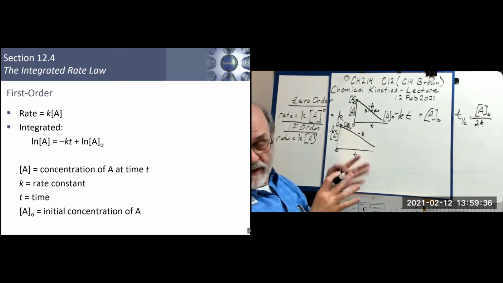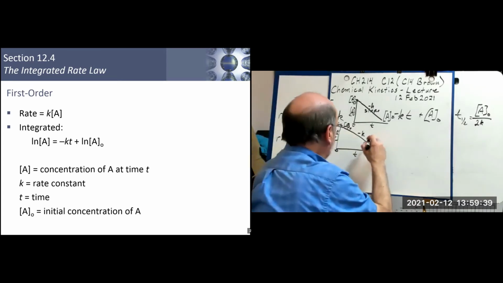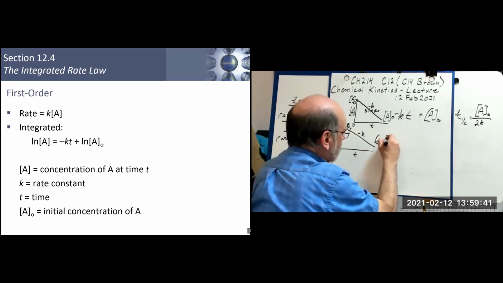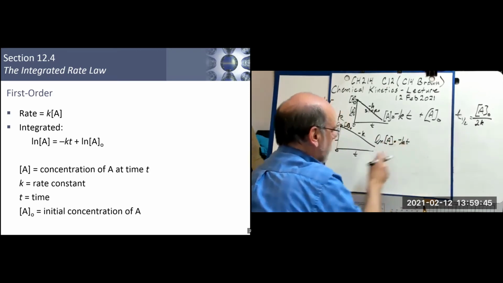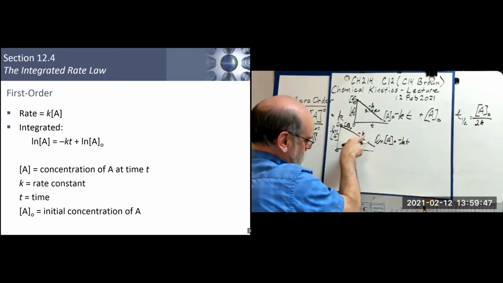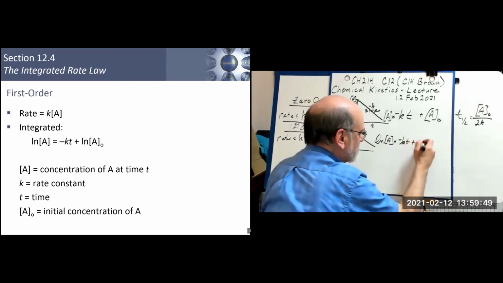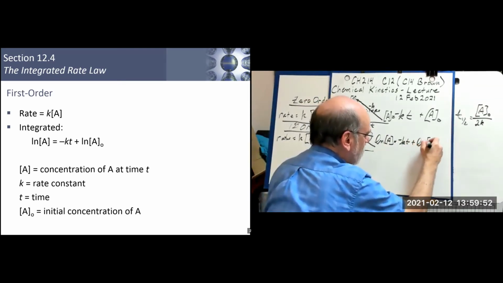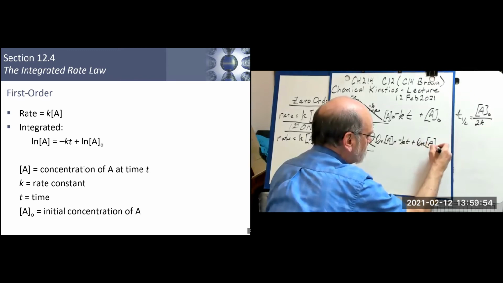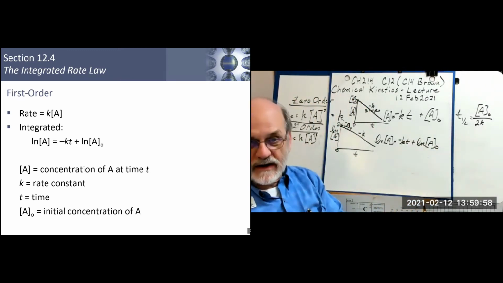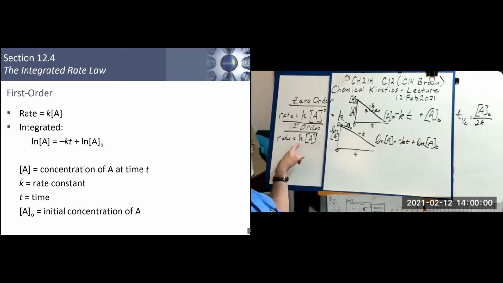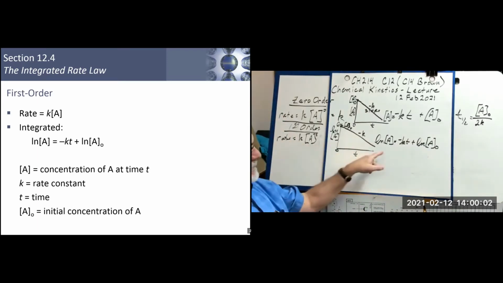So now we have all the information we need. Y, or log A, equals negative k times t, here, plus the natural log of the initial concentration. So that's the integrated expression for this differential equation right here.